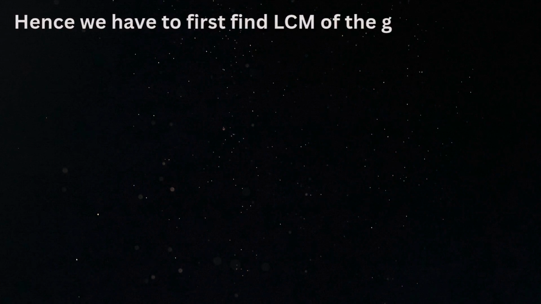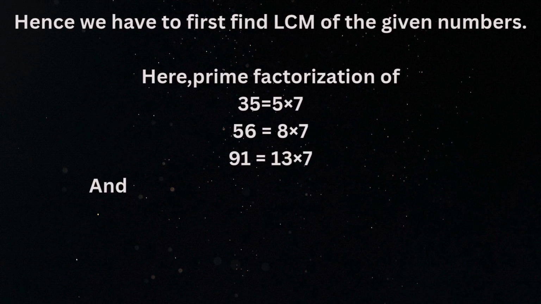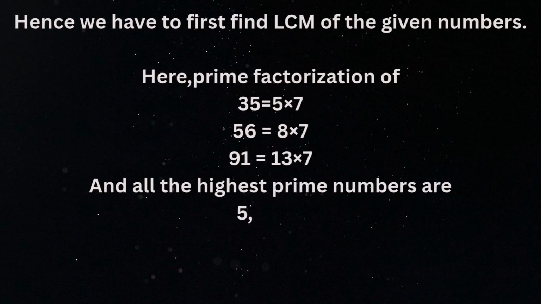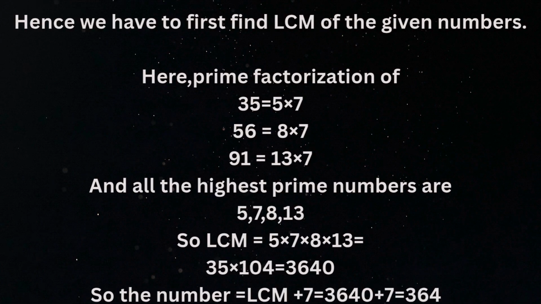Here, prime factorization of 35 equals 5 times 7, 56 is equal to 8 times 7, 91 is equal to 13 times 7, and all the prime numbers with highest power are 5, 7, 8, 13, so LCM equals 5 times 7 times 8 times 13 equals 35 times 104 is equal to 3640. So the number equals LCM plus 7 equals 3640 plus 7 equals 3647.